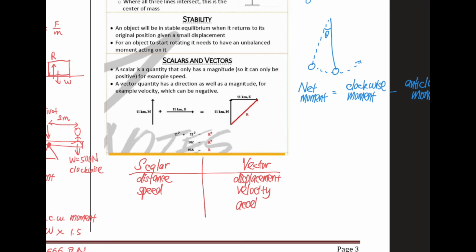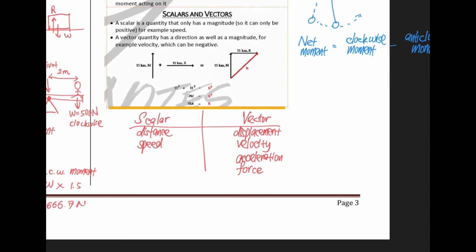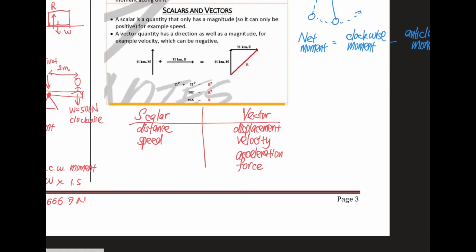After that we have acceleration under vector quantity. We also have force. The force here includes weight. Then energy is under scalar, for example kinetic energy, so that is a scalar quantity. Then we also have time. Time is a scalar quantity, and so on. So these are the important ones.